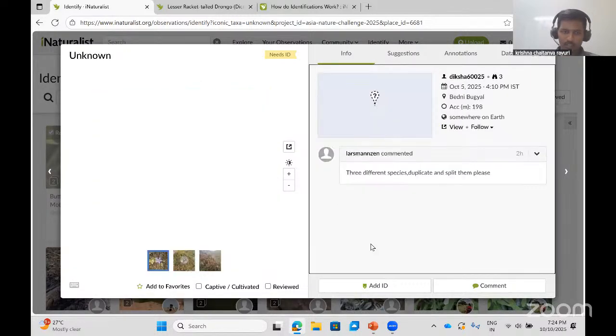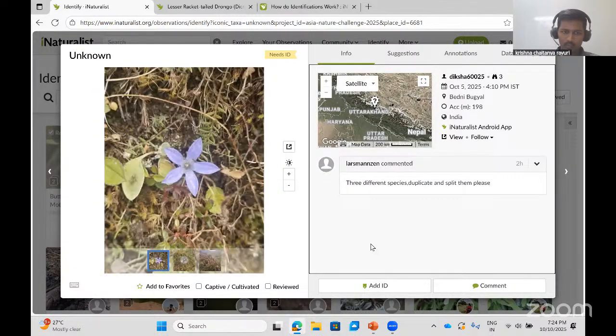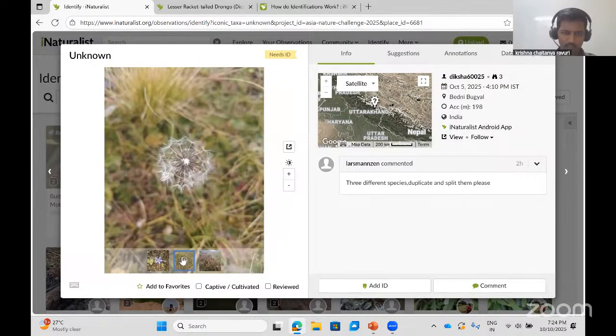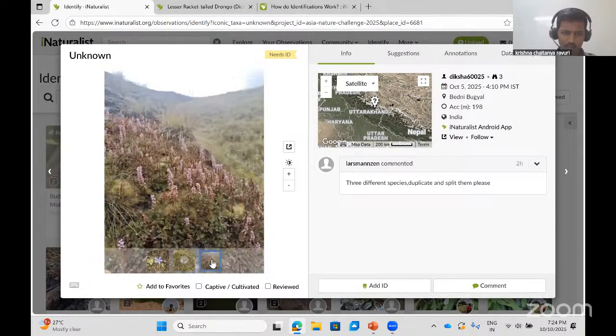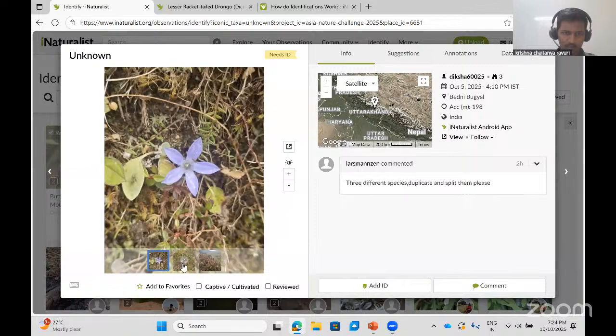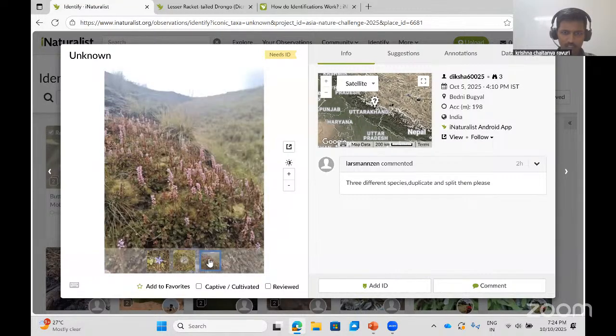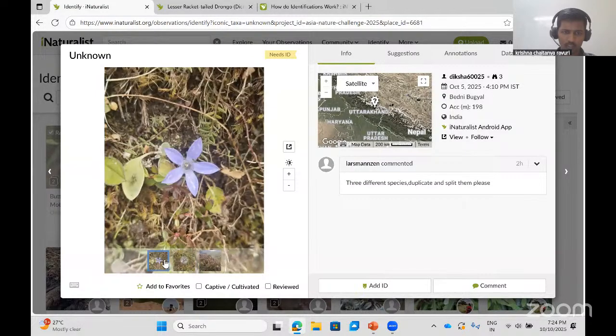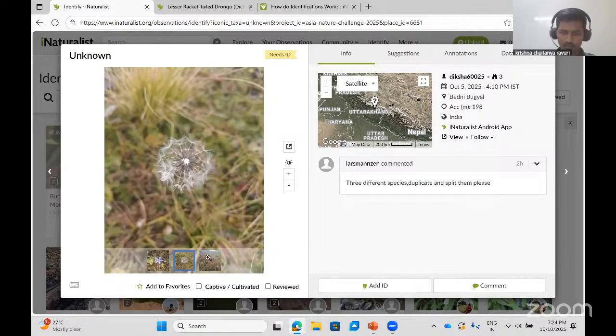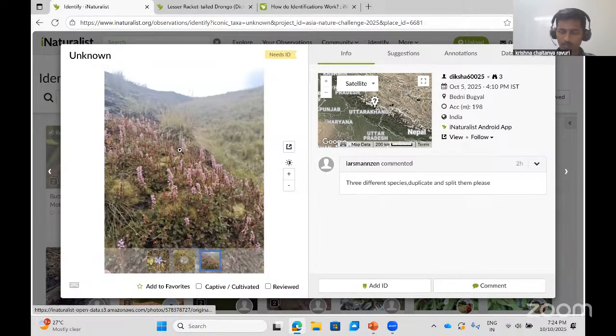Okay, so I'll go to the next observation with three different species. This was an observation made by a user where you can see there are three different plants. Ideally there should be one observation for one species seen at one point of time. For example, this plant should get a separate observation, this plant should get a separate observation, and this one should get a separate observation.